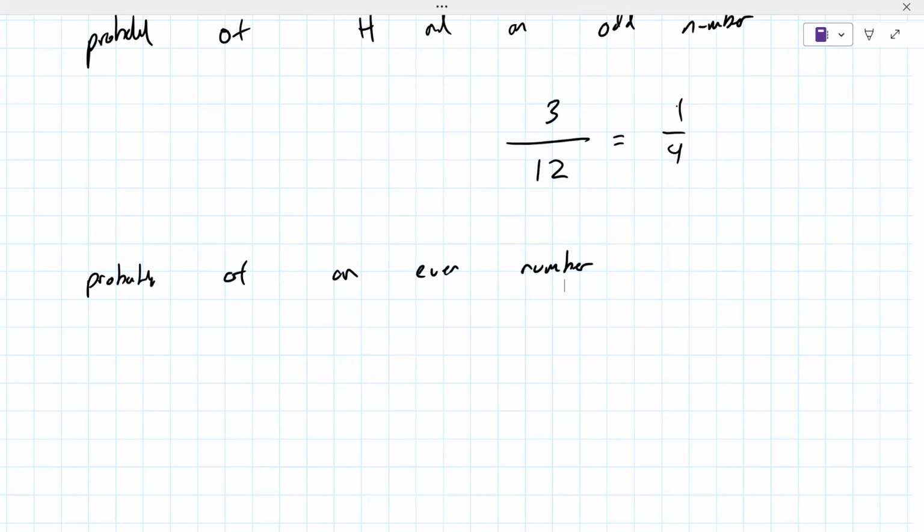Okay. What do you got for this? I got a 6/12 chance, but that could be reduced to 1/3.